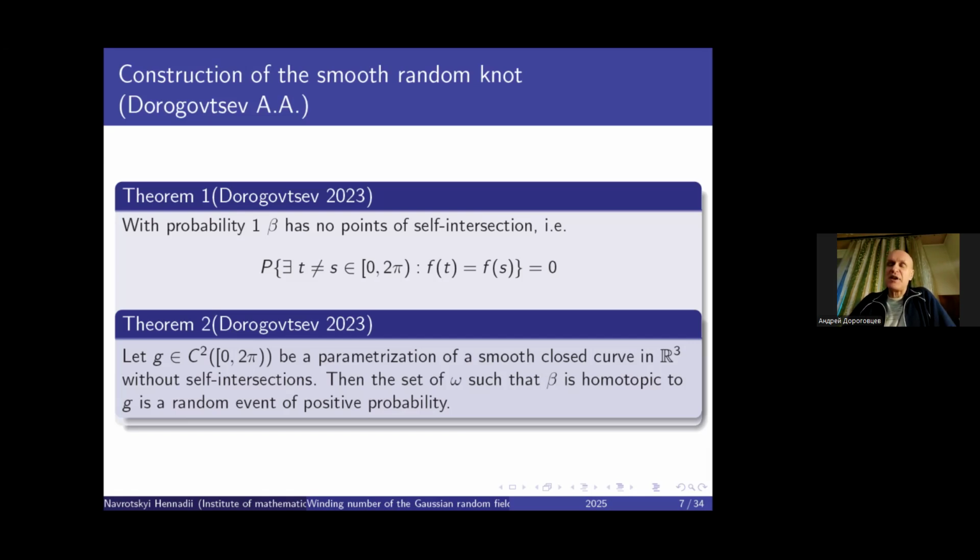Why? Because we can control the second derivative of our random curve. It is due to the Georgi equation about how smooth the covariance function is. We can control the modulus of continuity not only of the random field but of its derivatives too.